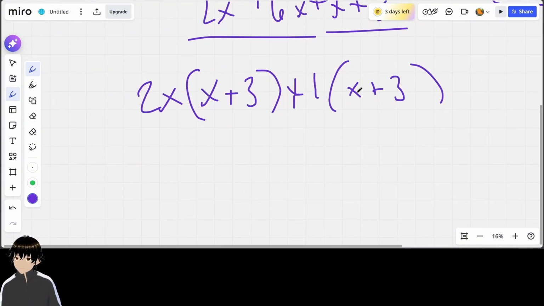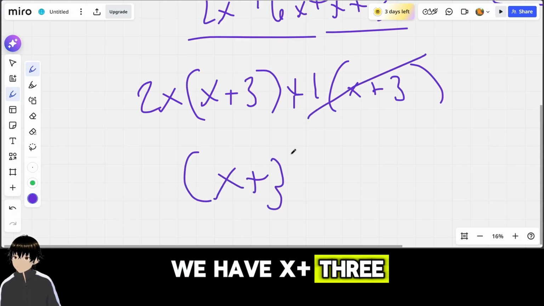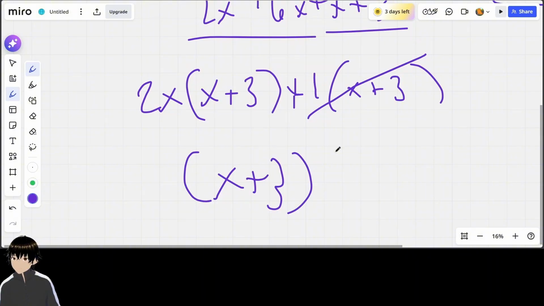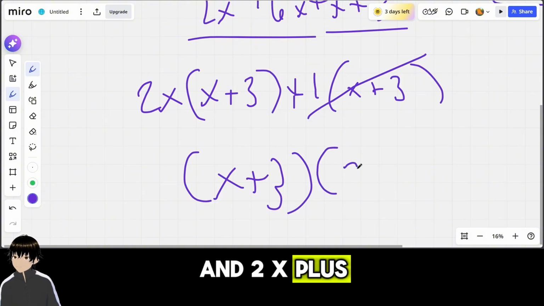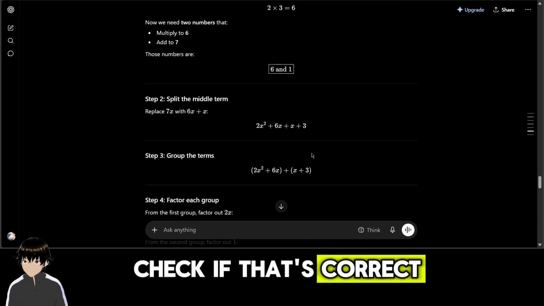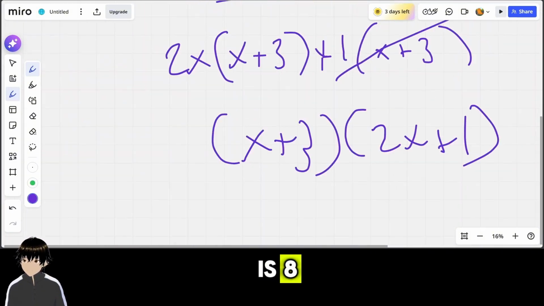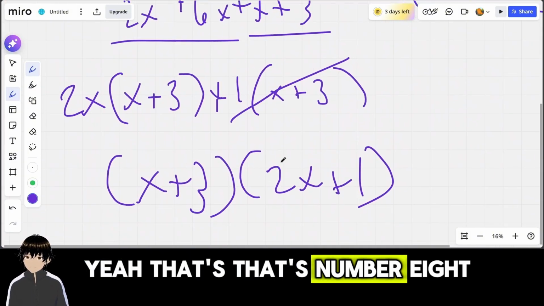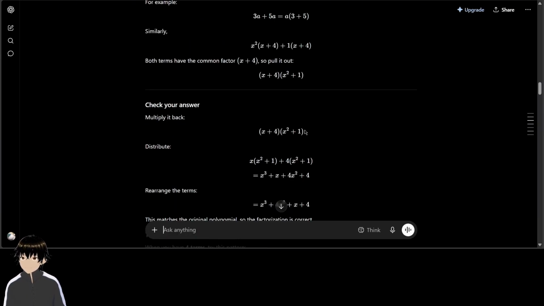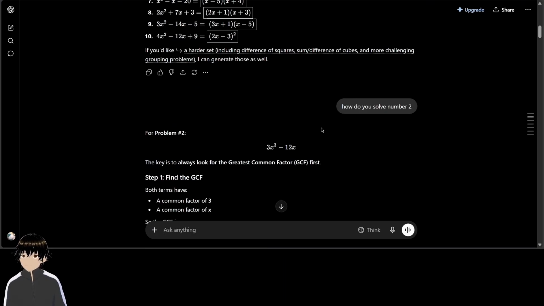Then we have x plus 3 and 2x plus 1. I guess that's the correct answer. Let me check if this is correct. For number 8, I believe that is 8. Yeah, that's number 8. I've been asking ChatGPT too many questions.